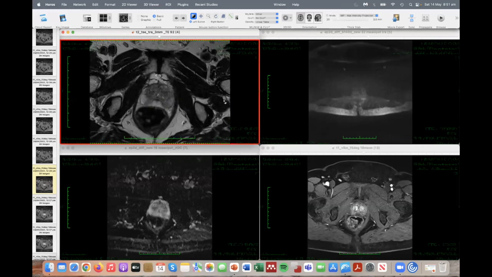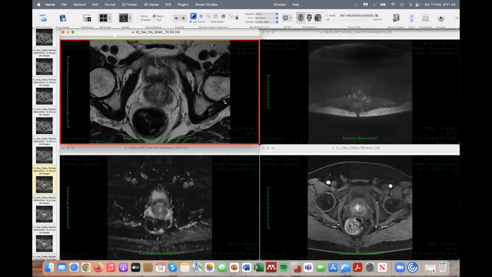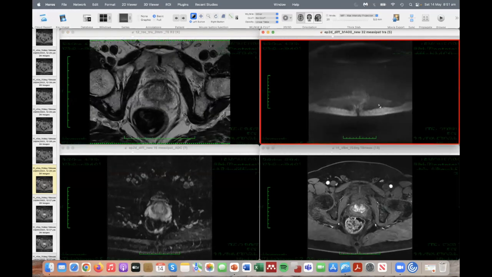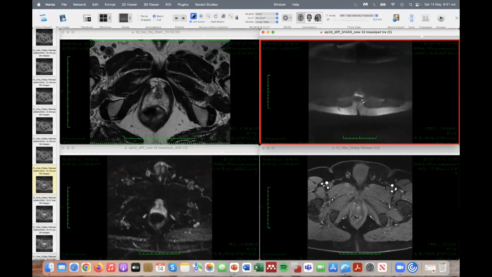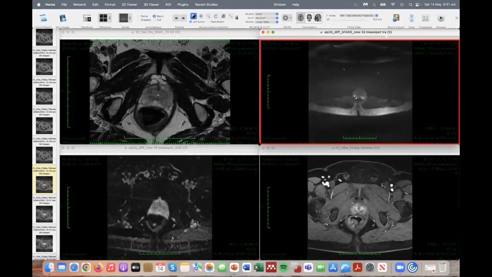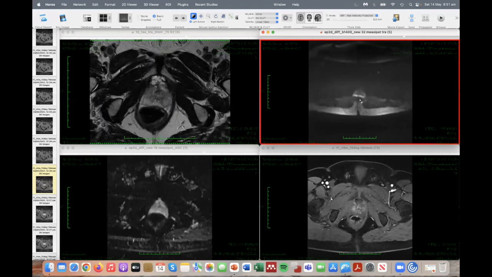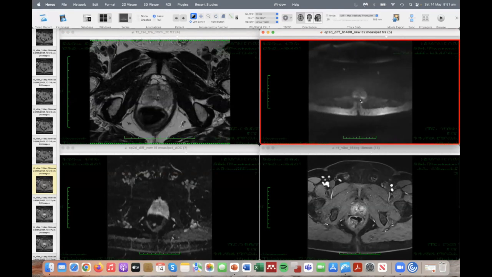But the striking thing here is that the quality of the scan is not adequate, because you can see that a lot of the rectal gas and stools basically gives you this artifact in the posterior part of the prostate. So you are not able to discriminate the presence of a lesion or the presence of artifacts.